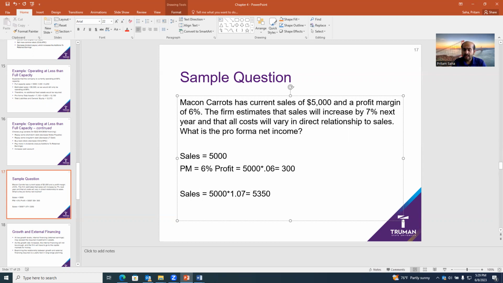And then if all vary with sales, what is the pro forma net income? That means we should use the same profit margin with the next year's sales. So the pro forma net income is basically 5,350 times 0.06. That's it. That's the answer.